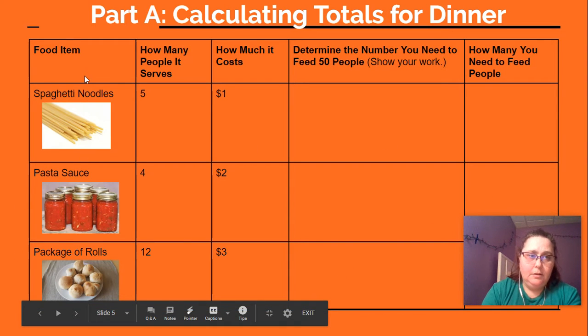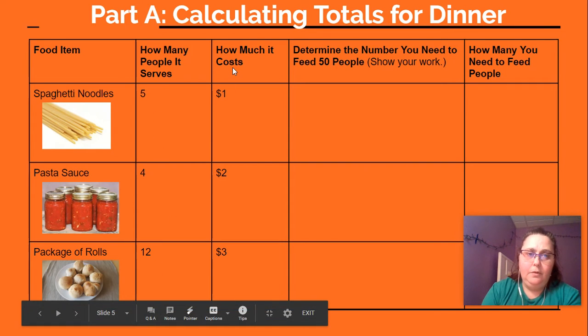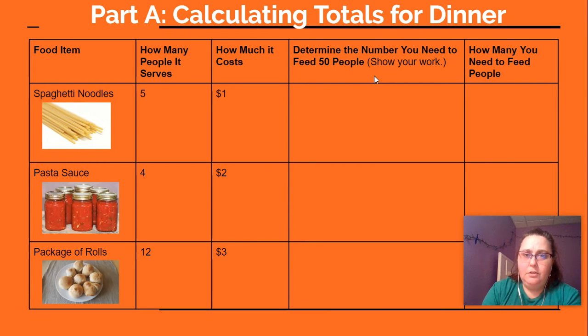It has columns going up and down and rows going across, and each column and each row is labeled. Here are your food items. Here are the number of people that each food item would serve, and how much each food item costs. Then in this section, you're going to determine the number you need to feed 50 people.